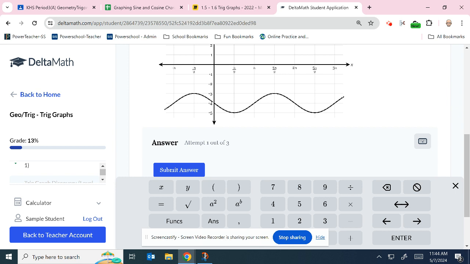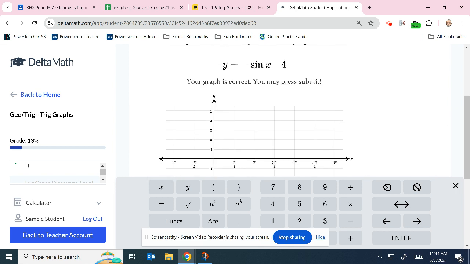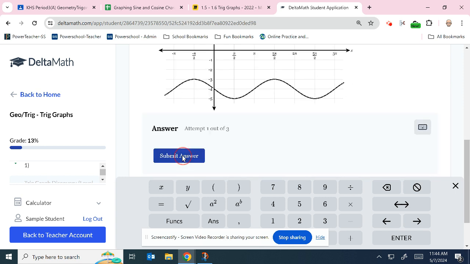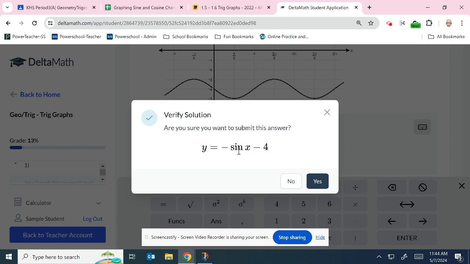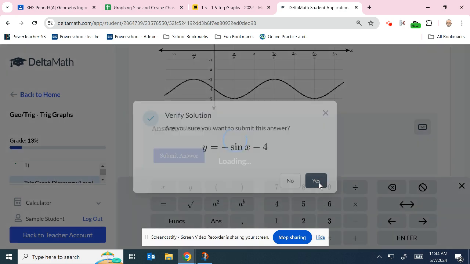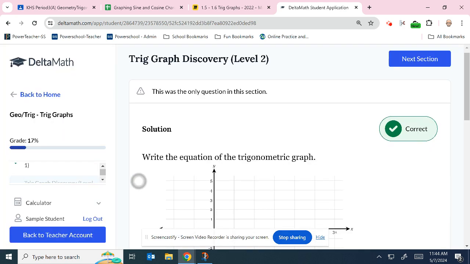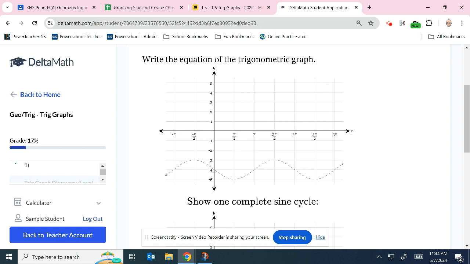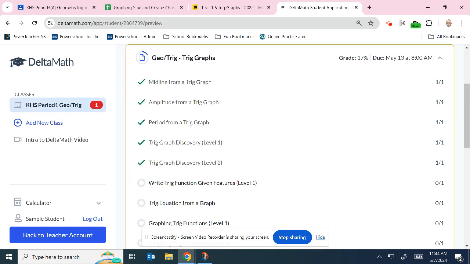So you just want to have a negative in the first box and a -4 in the second box. Negatives will flip the graph over. So if you got the 2 negatives in there, negative in front of sine, -4, you can hit yes. So some are challenging, some are not as challenging, some are pretty easy. Just work your way through them. You always have the try button. So if you don't give up, you'll always get those right.